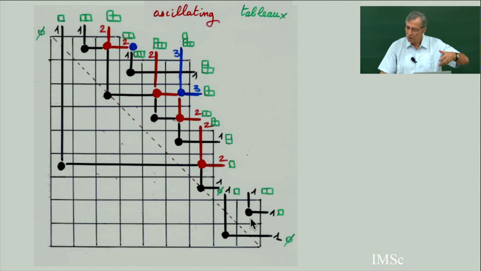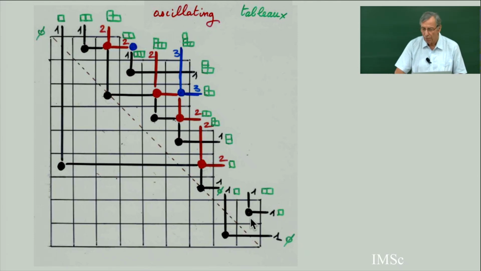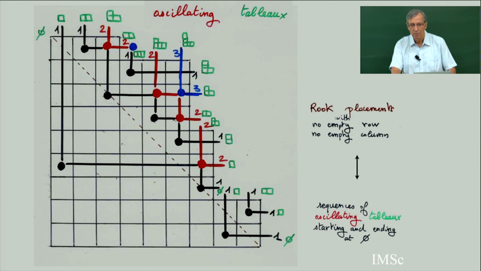She shows that these oscillating tableaux are in bijection with involutions with no fixed point, and the proof comes from this picture. So the first bijection is with rook placements and the second with oscillating tableaux from empty to empty. Now, how to see from this rook placement a permutation, an involution?